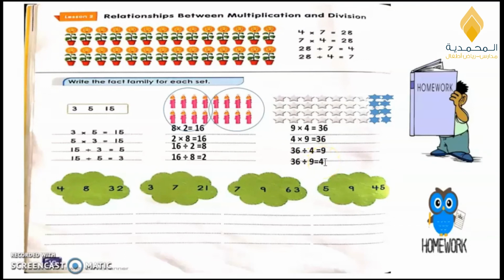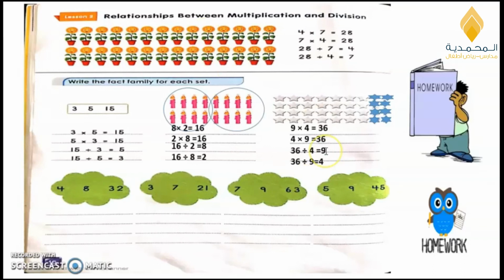So just try to group here. If you want to check whether your answer is correct or not, try to do this, okay? The first thing, put each 4 stars in a circle. Then count how many groups you made.